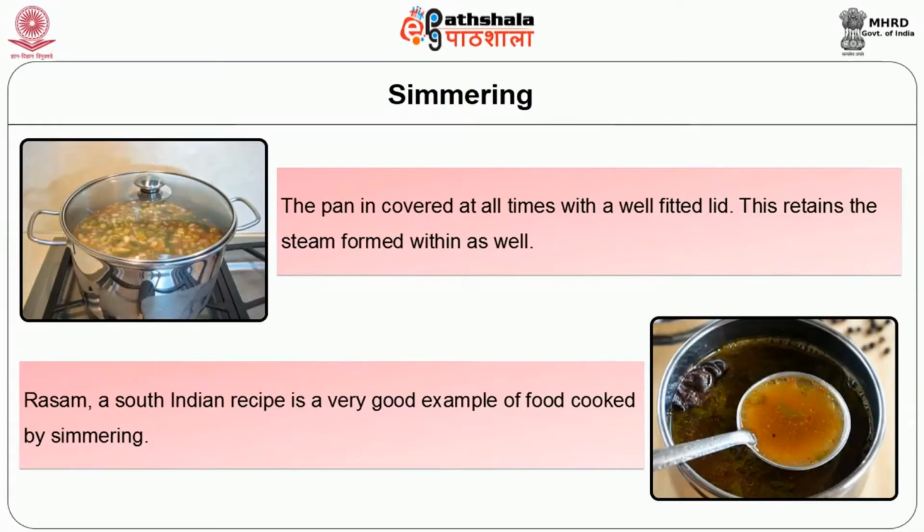With simmering, you will see bubbles forming and gently rising to the surface of the water, but the water is not yet at a full rolling boil. Rasam, a South Indian recipe, is a very good example of food cooked by simmering. Do you know the temperature of simmering?